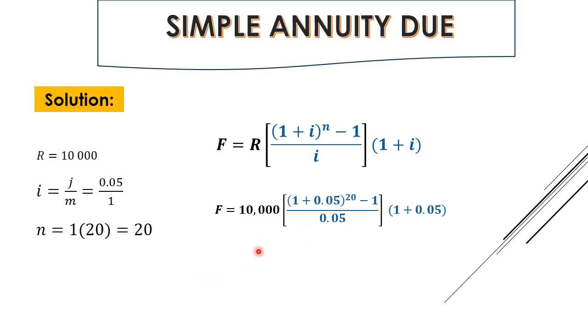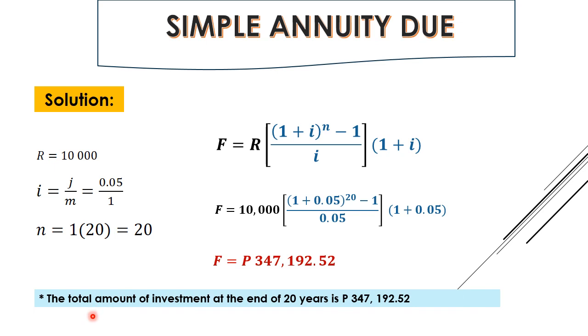If you have your calculator with you right now, kindly solve this. And the answer is 347,192.52 pesos. So this would be the future value of your simple annuity due. Right, so we can say that the total amount of investment at the end of 20 years is 347,192.52 pesos.